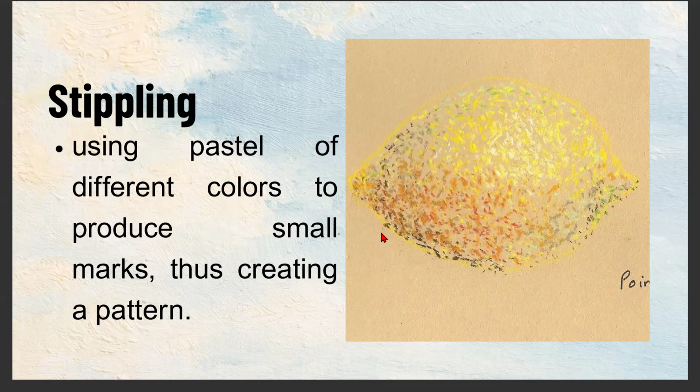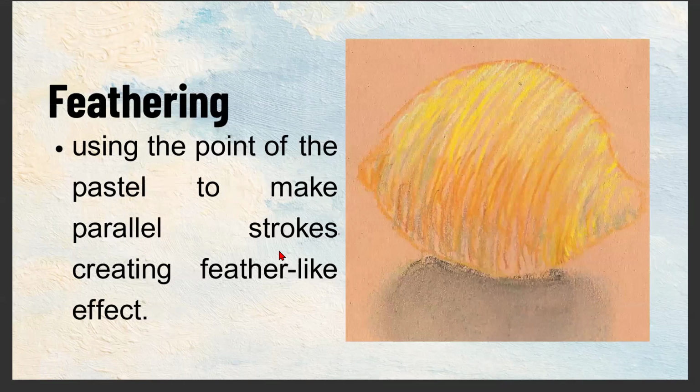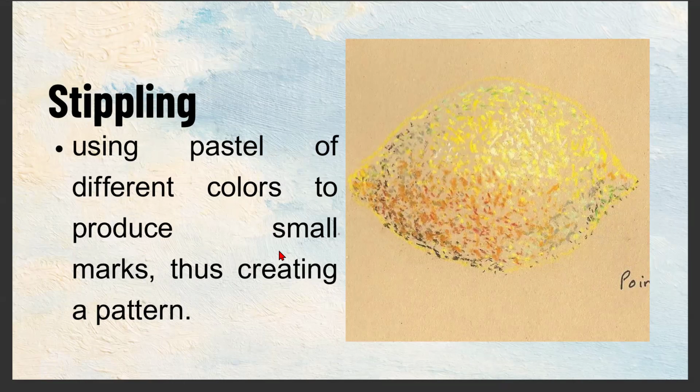The first pastel technique that we have is stippling. When it comes to stippling, it uses dots of colors, not just one color, but different colors. It builds patterns and also adds texture. As we stated earlier, it combines multiple colors to create an artwork.